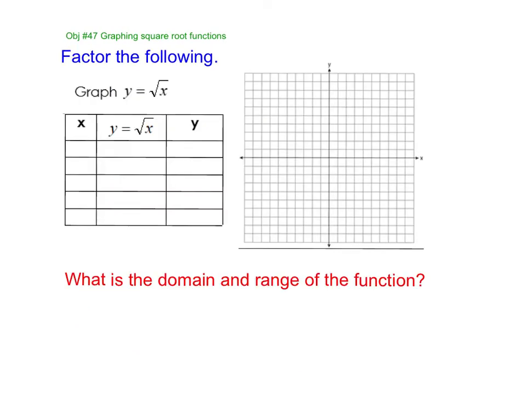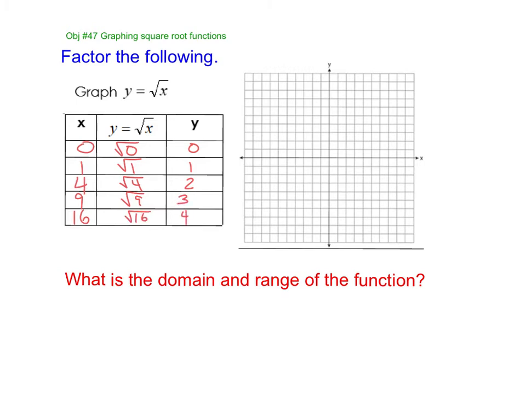Okay, so using that fact, I want you to graph the square root of x. So 0, 1, what's the next number we plug in? 4, 9, 16. Square root of 0 is 0, square root of 1 is 1, square root of 4 is 2, square root of 9 is 3, square root of 16 is 4.